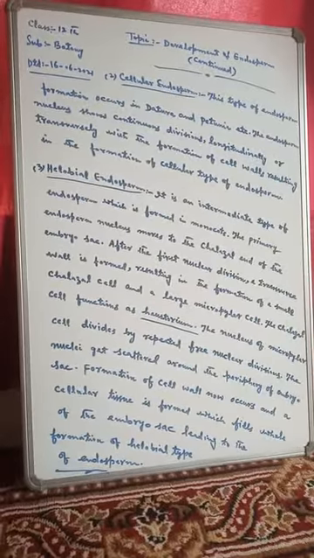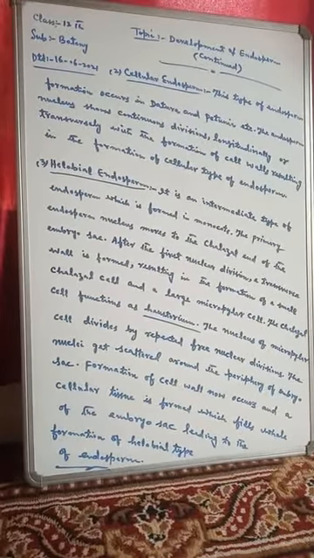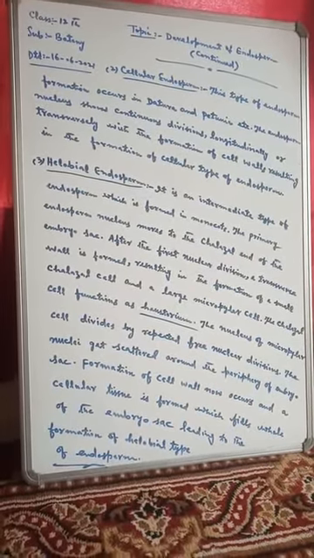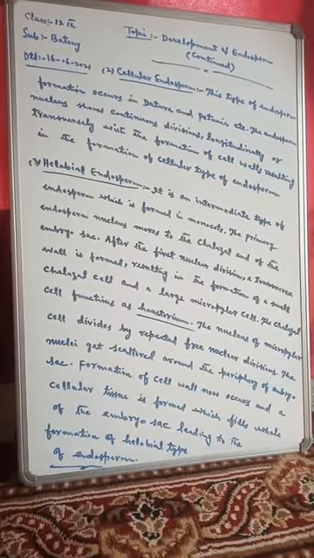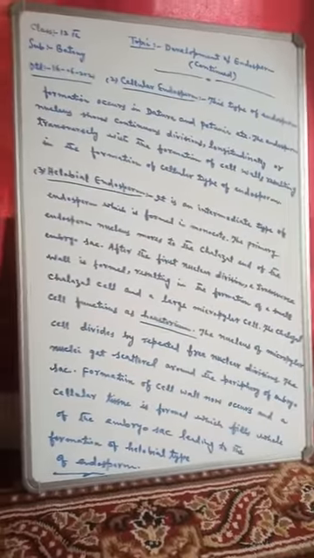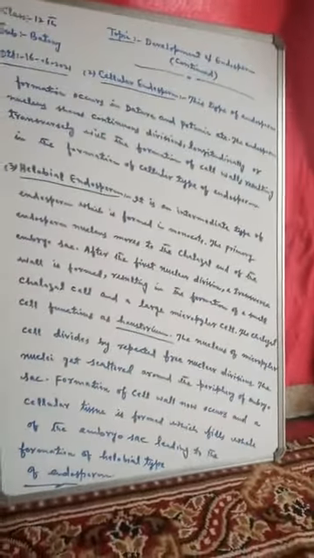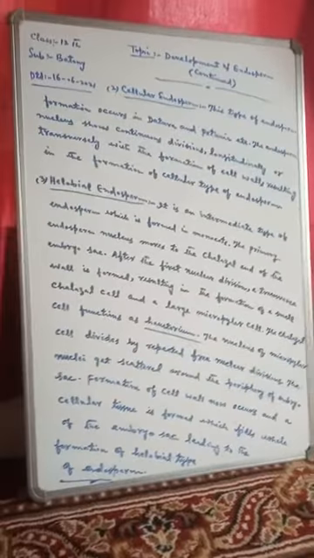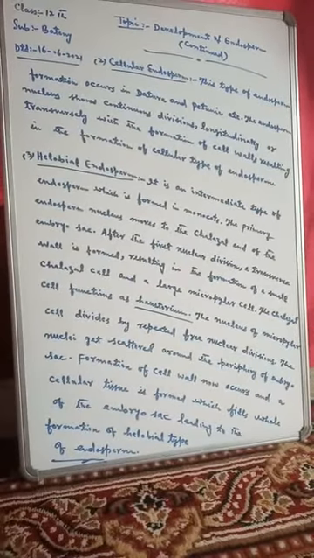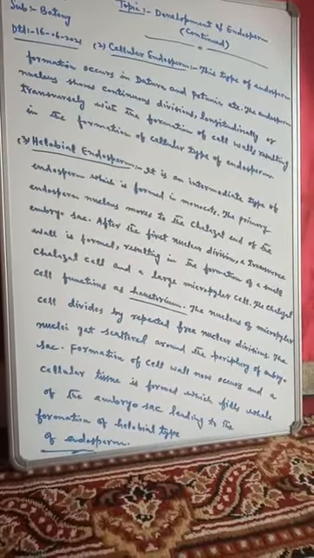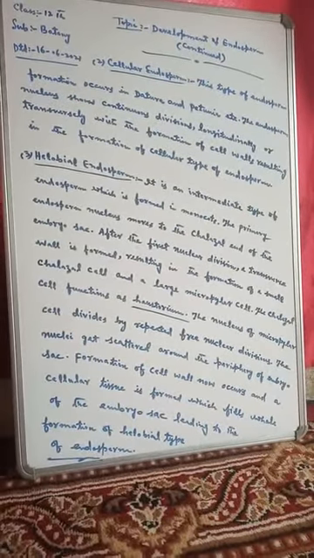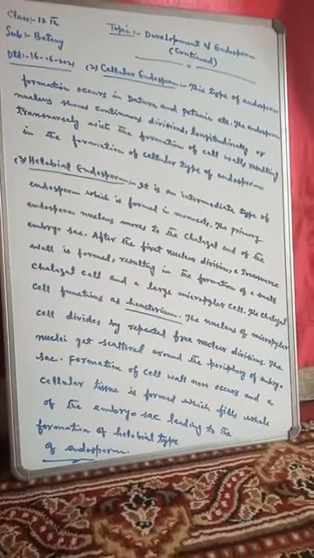So the primary endosperm nucleus shows continuous divisions either longitudinally or transversally with the formation of cell walls, resulting in the formation of cellular type of endosperm. So dear students, you should remember that this type of endosperm formation occurs in plants like datura and petunia, and the primary endosperm nucleus shows continuous divisions with the formation of cell walls, resulting in the formation of cellular type of endosperm.